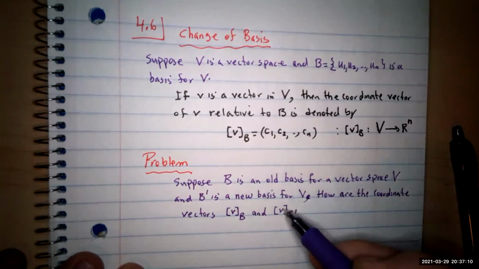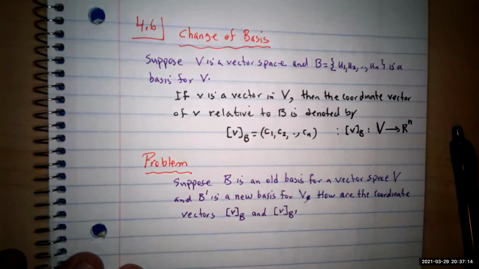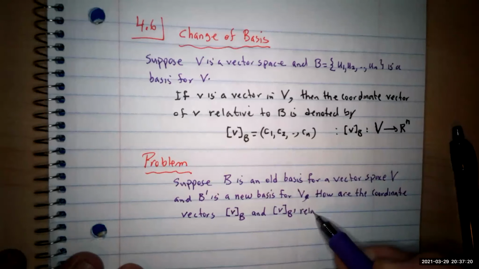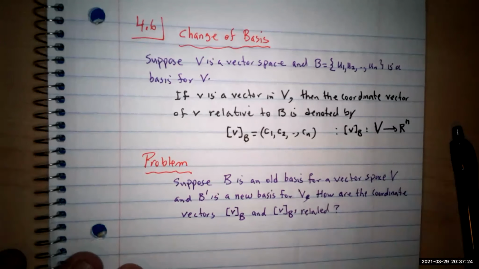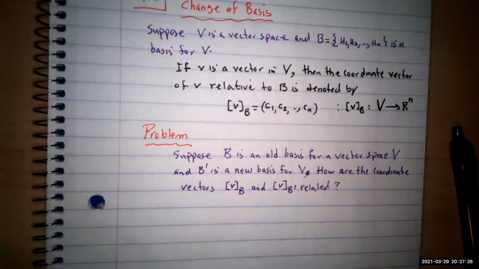How are the coordinate vectors B and C related to each other? This is going to be the question. Is there any relationship between these two that you can find quickly?